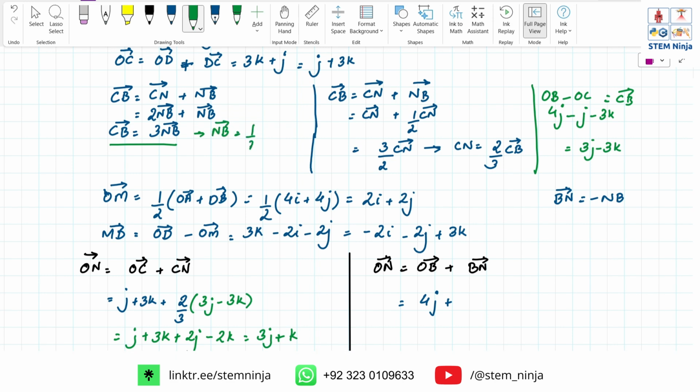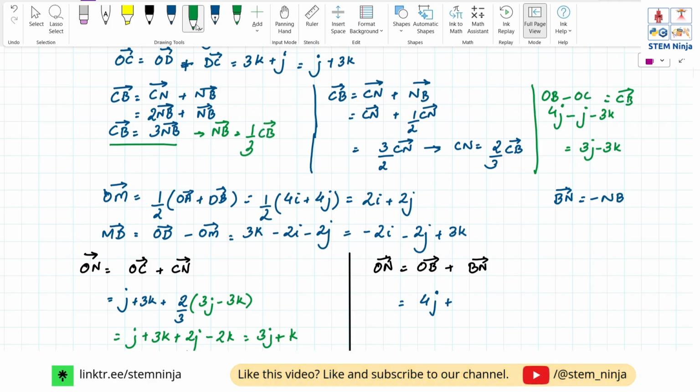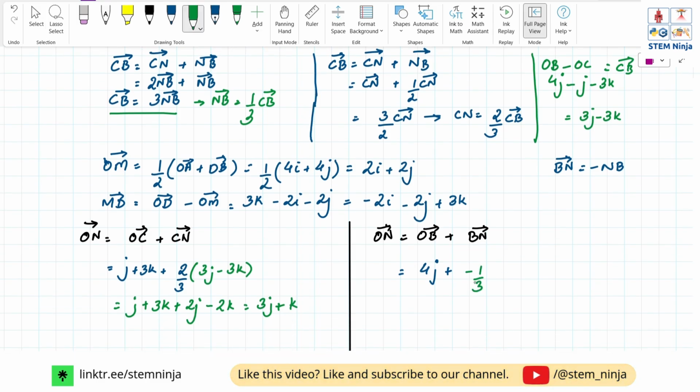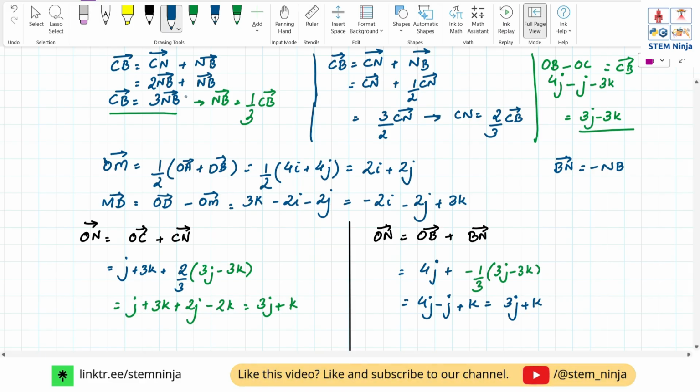NB is 1/3 of CB, and BN would be minus 1/3 of CB, which we figured out to be 3j minus 3k. So 3 again cancels. So you will have 4j minus j and plus k. So again you have 3j plus k. So this is our ON.